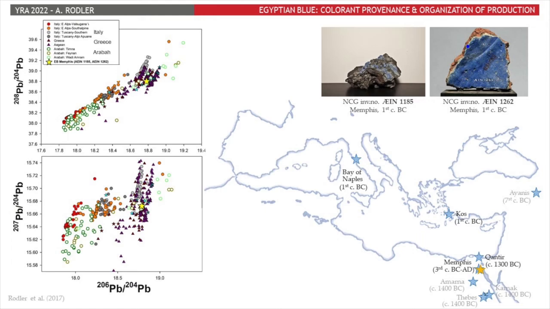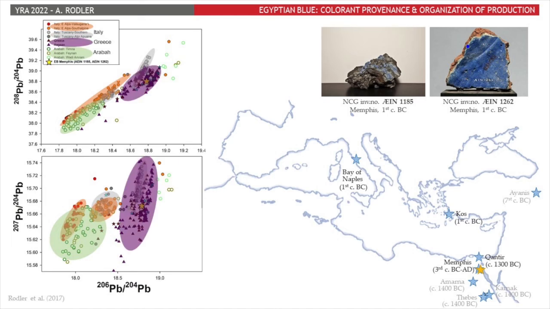So we compare a couple of different ones here now. First here in orange are Italian copper ore deposits, first for the Eastern Alps, and then in grey for Tuscany, and then also here in green, copper ore deposits of the Arabian Peninsula at Timna and Feinan, for example, also Wadi Amram.